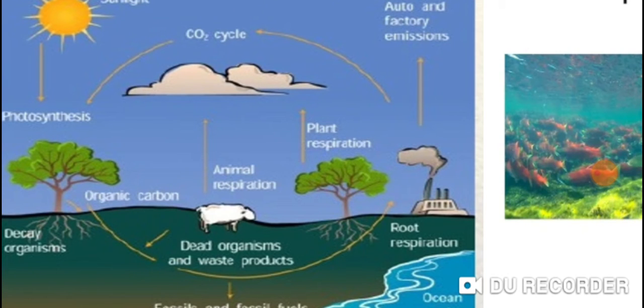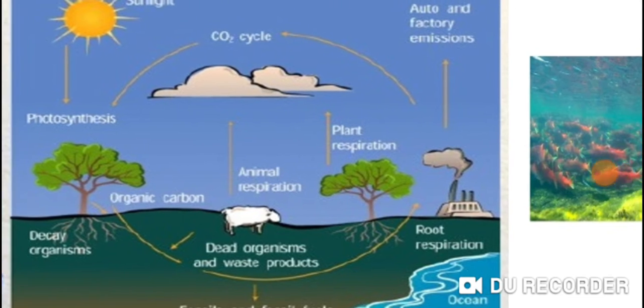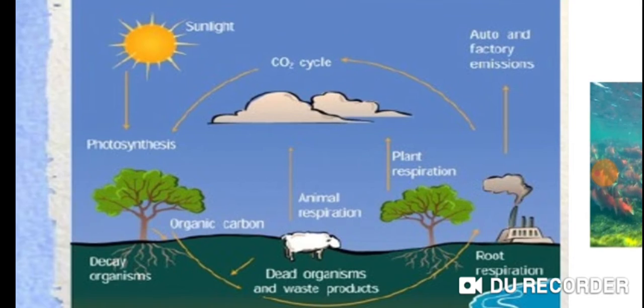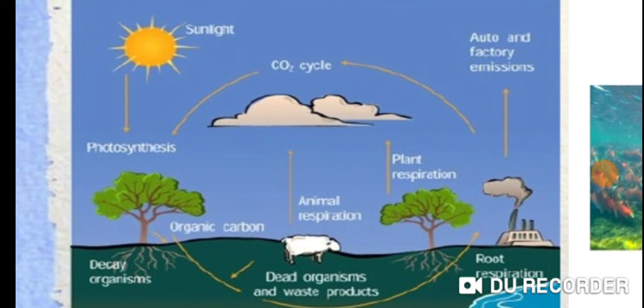Here you can see from the arrows on the right side, from bottom to the top, what happens. The carbon dioxide in the environment, in the presence of sunlight, is transferred to the plants. How?